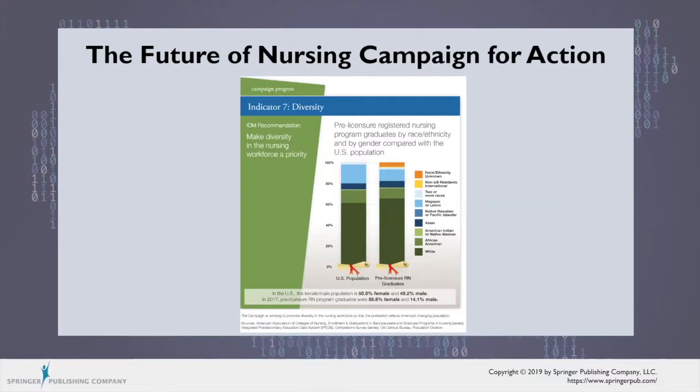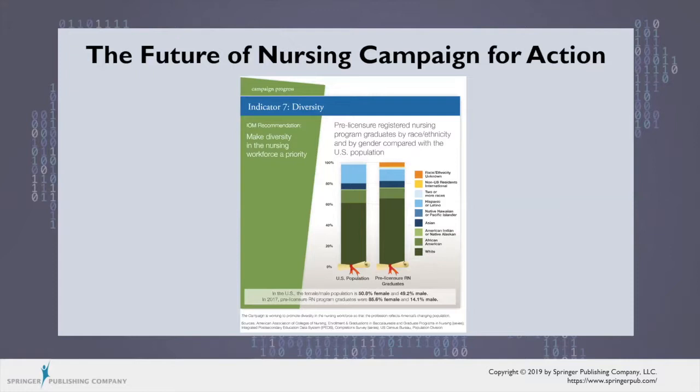This slide is from the Future of Nursing Campaign for Action, and it depicts the demographic composition of the United States compared to that of RN pre-licensure graduates. And this slide clearly illustrates how much work needs to be done to create a nursing workforce that reflects America's changing population.